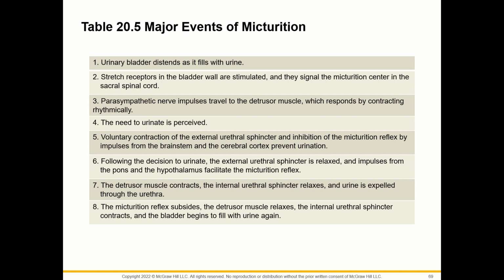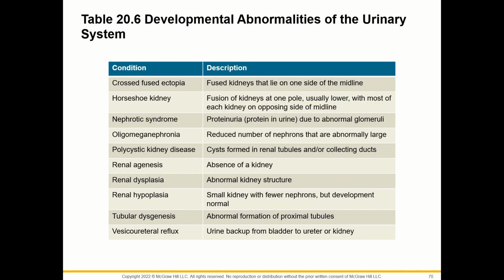Table 20.5 shows the major events of micturition. And here you can see where it's an autonomic impulse, where we have the parasympathetic nervous system in control. And so if the sympathetic nervous system overreacts as a result of the paralysis, then that's when the autonomic dysreflexia can occur, causing a spike in blood pressure.